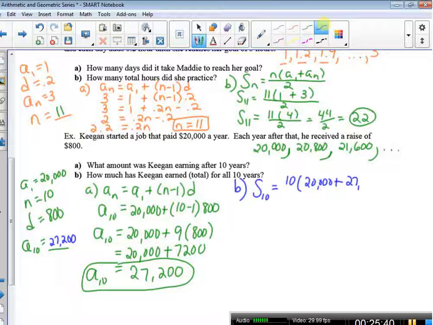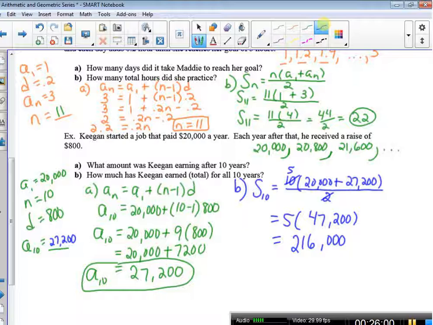So 27,200 all divided by 2. And I'm just going to divide those right away and say that's 5. So it's 5 times, this is 47,200. So she would have earned 216,000 after 10 years.